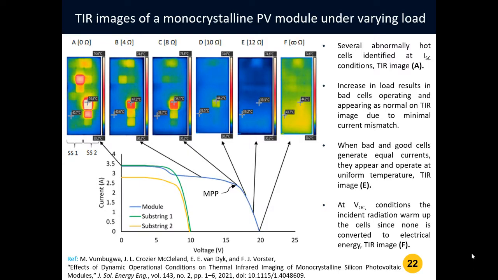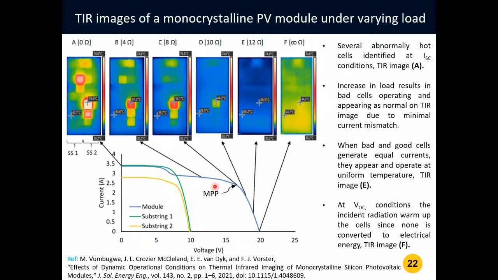And under open circuit conditions, as shown in this TIR image, the cells are warm since no photovoltaic action is occurring, but the incident radiation is heating up the cell.